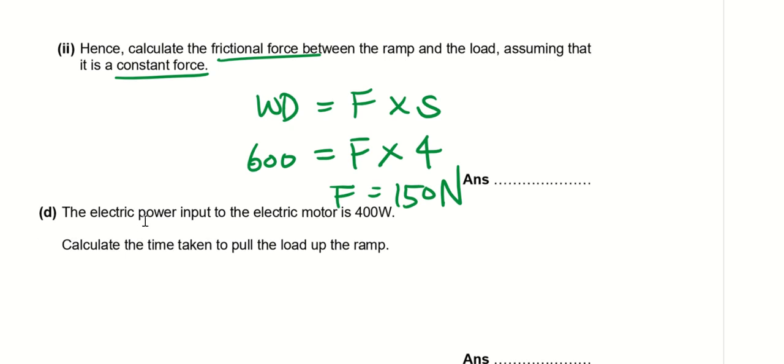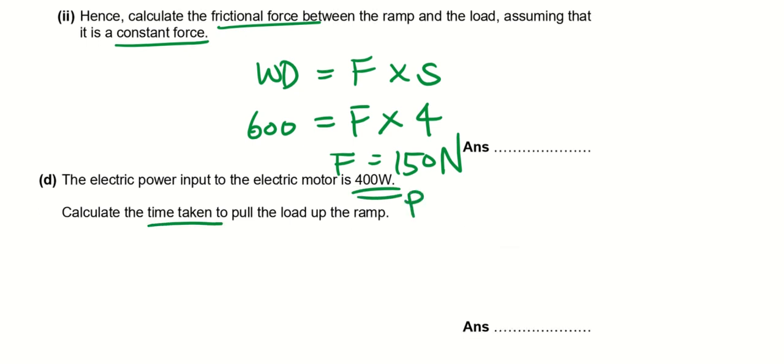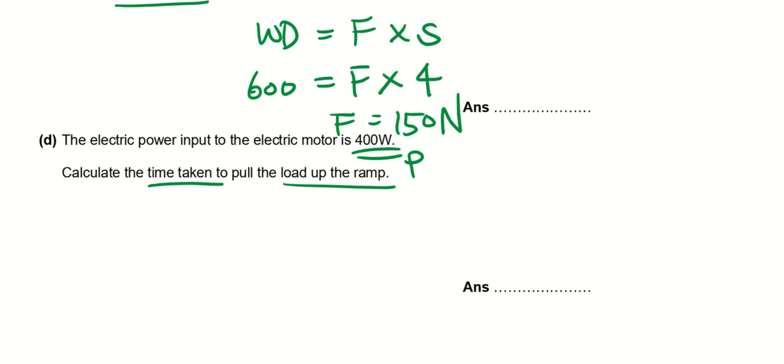Part D, electric power input to the electric motor is 400 watts. So this is the power that is input. Calculate the time taken to pull the load up. So just now we have established that the work done is 2,400.